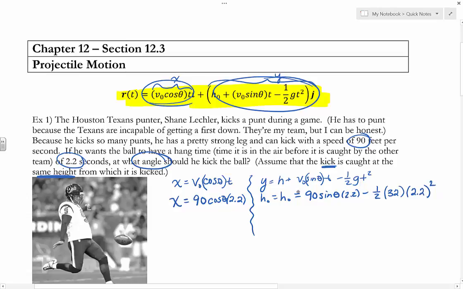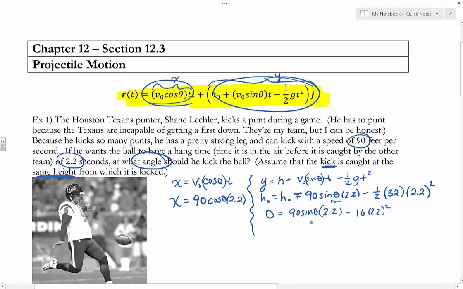Oh, that was supposed to be a plus, not an equals. My apologies. So there's an equation, and I only have one unknown, which is theta. Technically, I don't know h sub 0, but I'm going to subtract it over and end up with 0 equals 90 sine theta times 2.2 minus 16 times 2.2 squared.